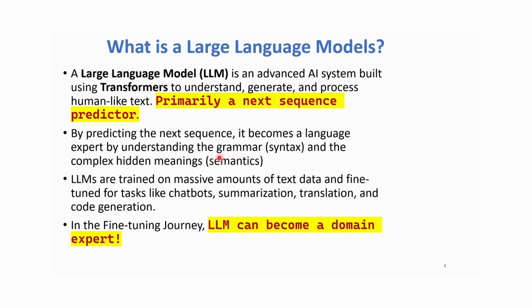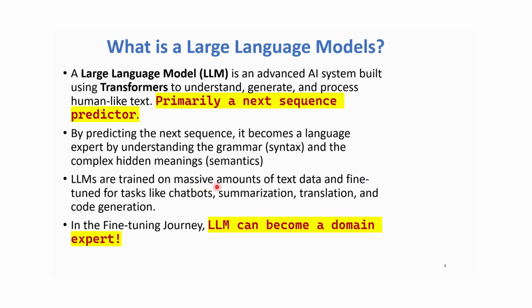So that's how we can understand the next sequence prediction capability of these large language models. It is very well in tune with human beings also. When a person is able to predict the next verse, next word or the next sentence in a given language, then he or she is capable of understanding the grammar or the meaning of that language.